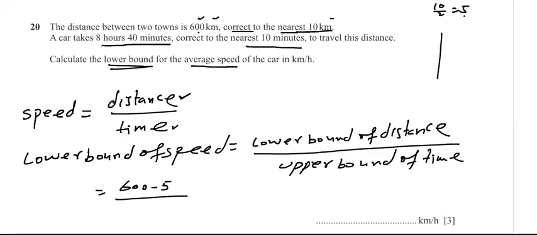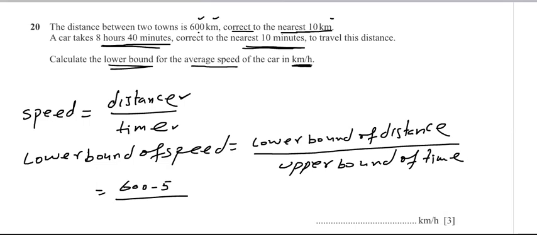But the problem is here time is in hours and minutes, and the degree of accuracy is in minutes, and we want the unit in kilometers per hour. So that is why you should change the time completely into hours, and this also into hours. We are having 8 hours and 40 minutes.